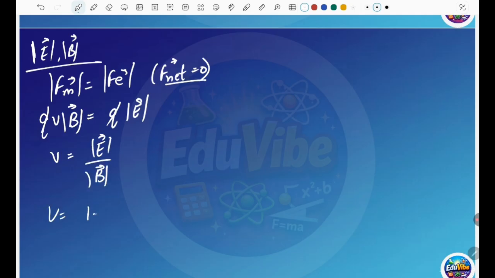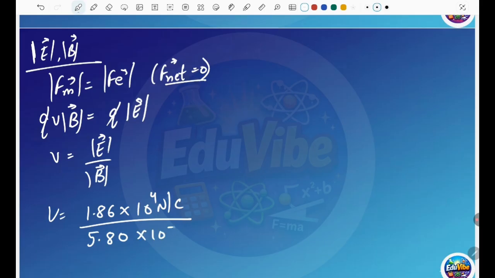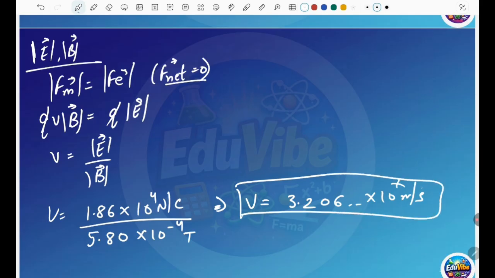The electric field given to you is 1.86 into 10 raised to power 4 newton per coulomb. The magnetic field given to you is 5.80 into 10 raised to power minus 4 tesla. When you calculate this, you get a v of about 3.206 into 10 raised to power 7 meters per second.